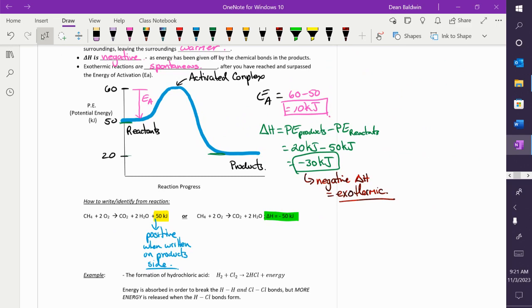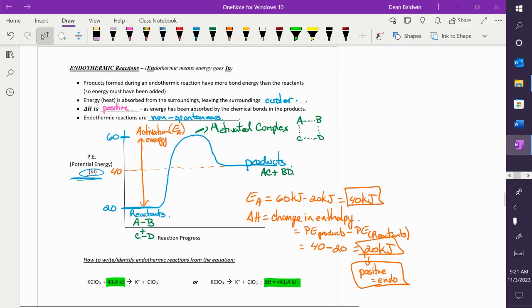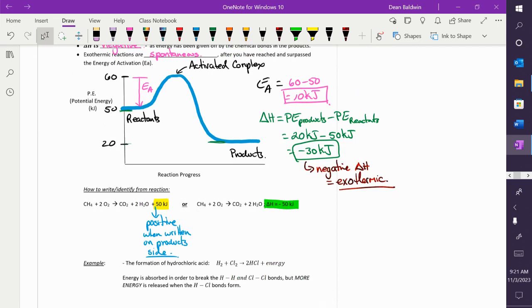I'm going to ask you to calculate those. And in an endothermic reaction, your products are at a higher level than your reactants. Again, calculate EA and delta H. All right. Is that okay? Do you think we could do that on a test?